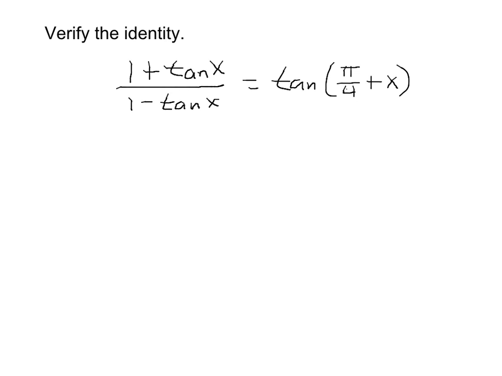So obviously, as you look at this, I'm already starting to show that I'm going to be working with the right side, because I have the tangent of pi over 4 plus x. In terms of these verifying identities, it's a pretty consistent problem right on through the whole chapter. So we certainly had our practice in section 1, but it's a skill that we need to keep working on.